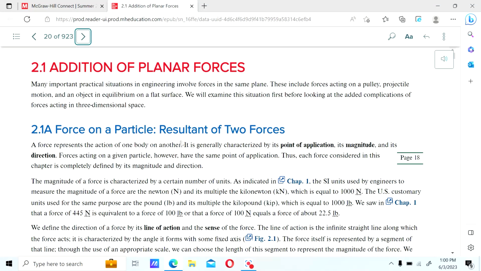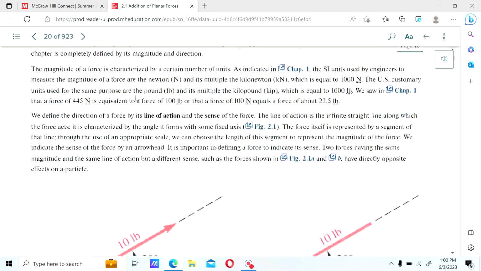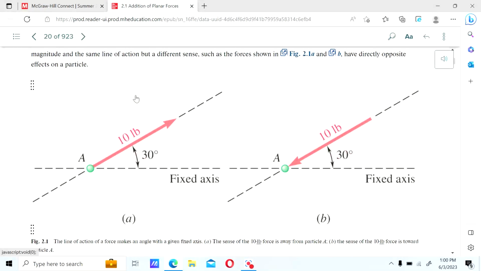So in section 2.2 we have addition of planar forces. We already know how to add and subtract vectors. In a few days we're gonna learn how to multiply vectors. We have two options, the dot product and the cross product. So make sure you are aware of how to differentiate those.